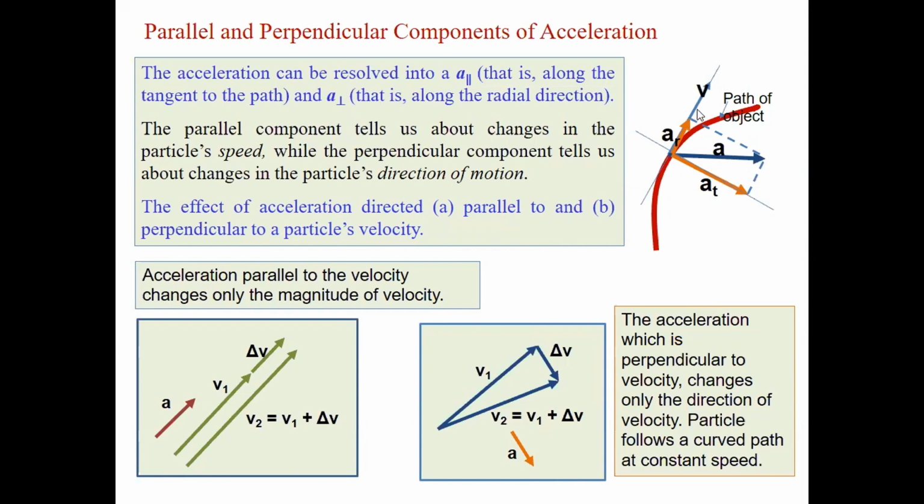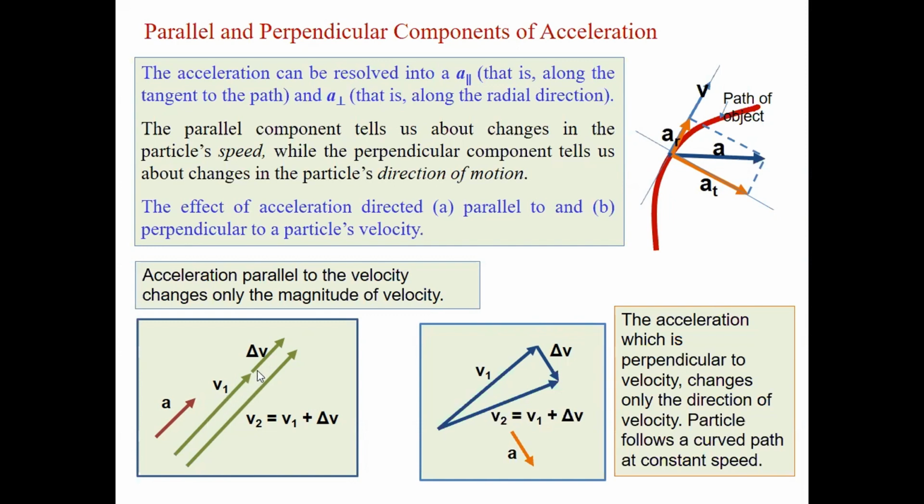So this is a velocity vector, and a component which is parallel to the velocity vector is the parallel component, and the other is the perpendicular, radial component, while the tangential one is along the path. So here we have two components, and the acceleration parallel to the velocity changes only the magnitude.